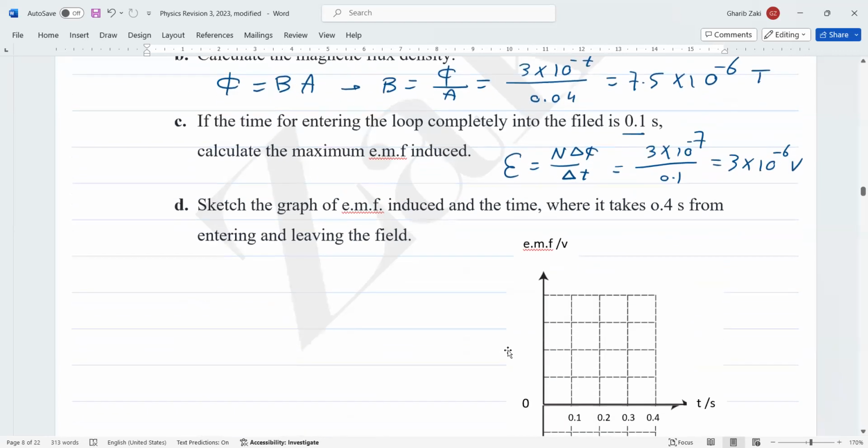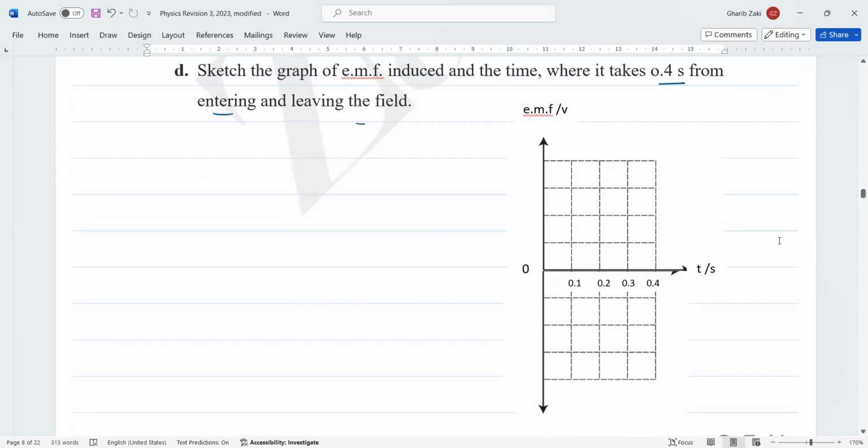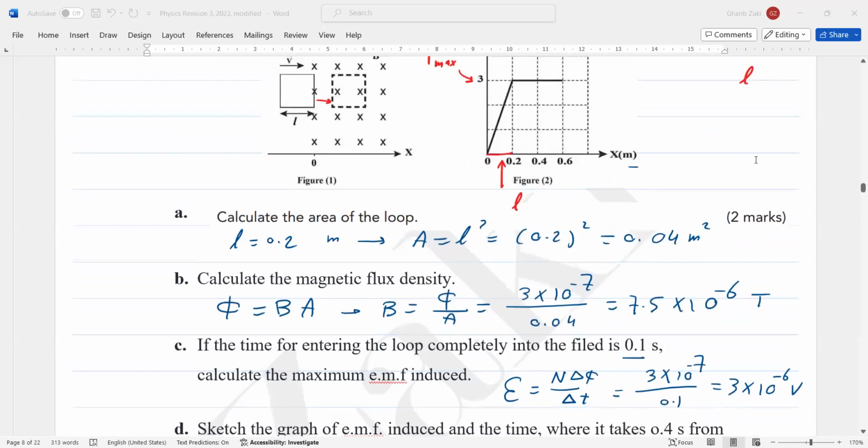Now the important question, try to think of that question with me. Sketch the graph of EMF induced and time, where it takes 0.4 seconds from entering and leaving the field. Try to think of this. We need to sketch or draw the graph of EMF induced. N equals 1, yes. Now, what happened from 0 to 0.1?